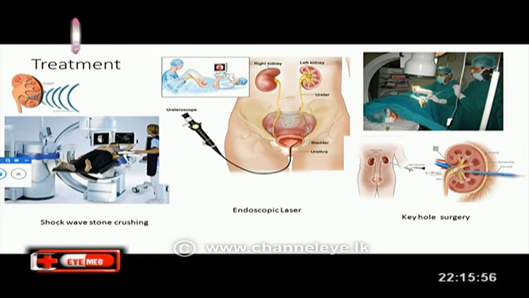So most of the stones can be tackled with what we call minimally invasive treatment, or without making big cuts. The first treatment modality, depicted in this slide, is shock wave treatment, in which the shock waves are generated by this big machine there.